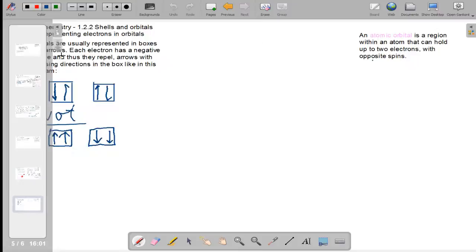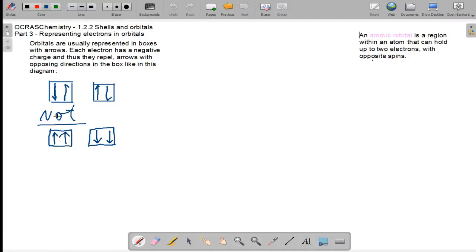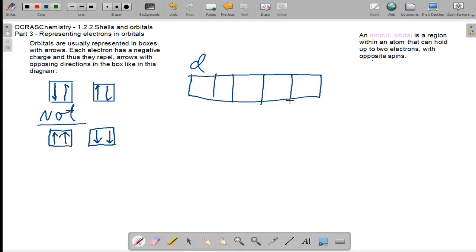So, finally, we look at representing electrons in orbitals. Using these boxes, we can represent the spins of electrons. And as I mentioned before, they cannot have the same direction. The different blocks can hold different numbers of orbitals. So a d block can hold up to 10 electrons: 1, 2, 3, 4, 5 orbitals, with up to 2 electrons in each one.